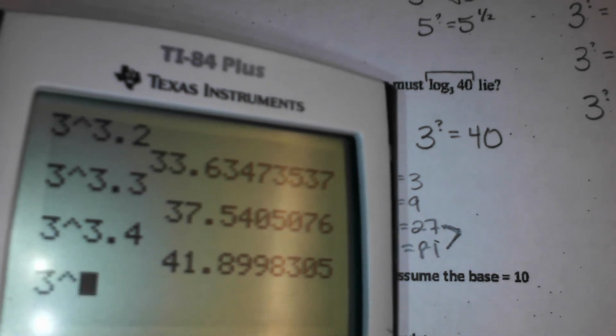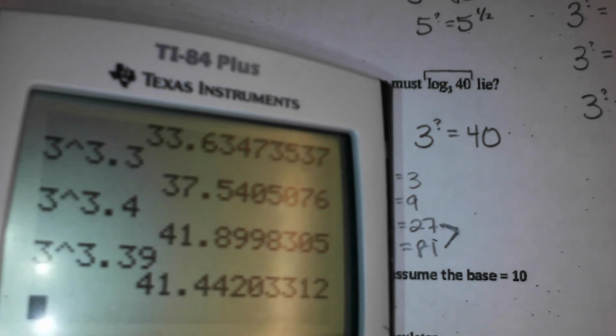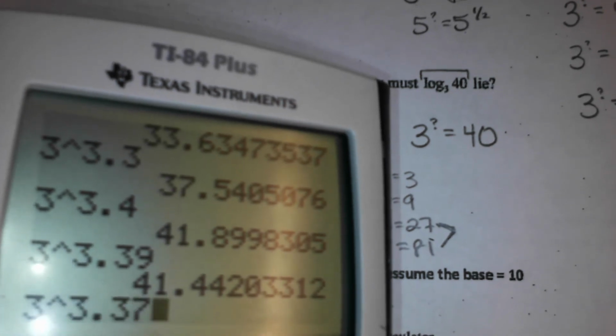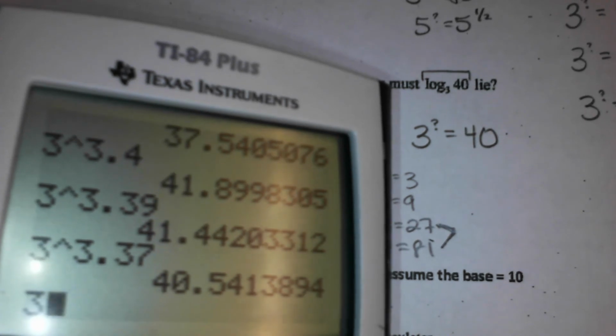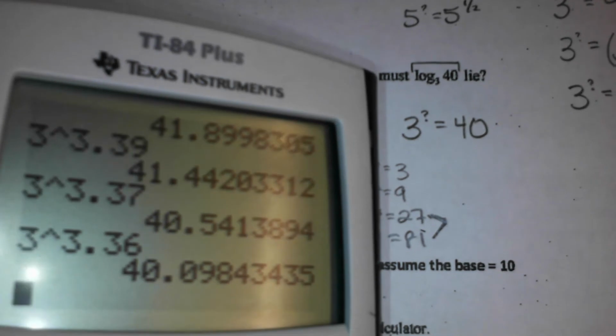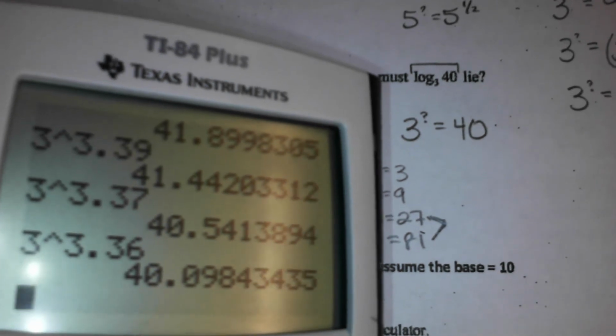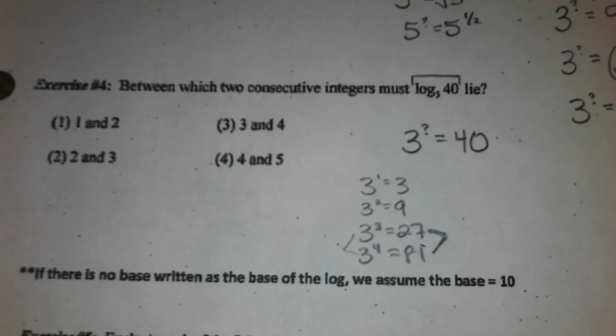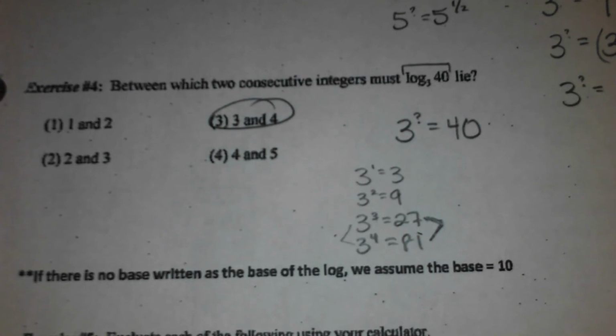Maybe I do 3 to the 3.39. Getting smaller. 3 to the 3.37. Did it work exactly? Oh, we're getting better. So it's a little too high. But anyways, you get the point. That was just more of a challenge. There's going to be a way for us to solve that exactly, by the way. We're between 3 and 4.